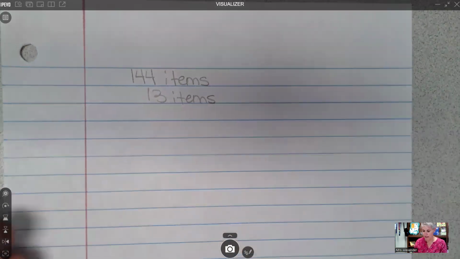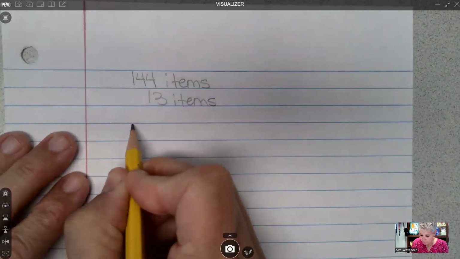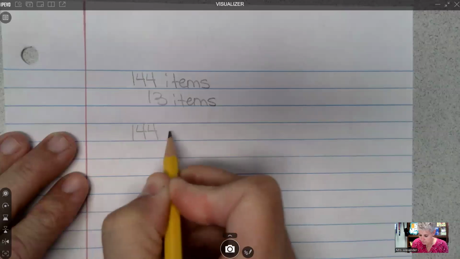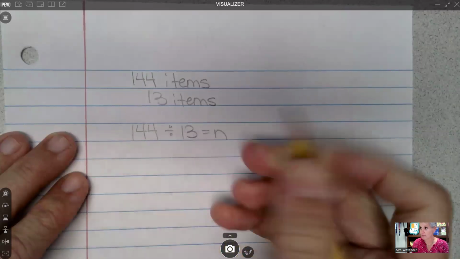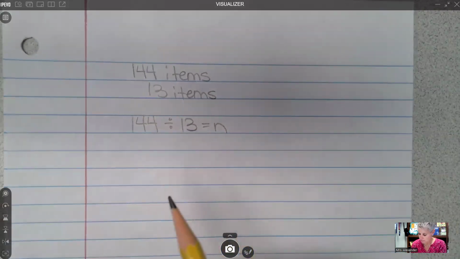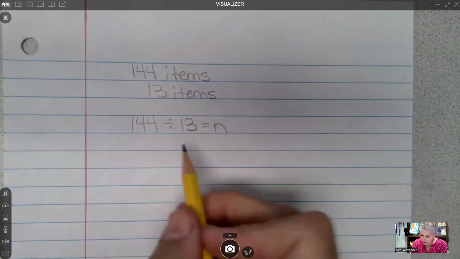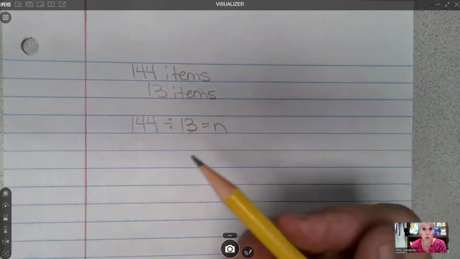So let's see what we have. Just like in class, let's start with our equation. I have 144 divided by 13 equals n. We talked in class for estimating a quotient that we can change the divisor, we could change the dividend. We might have to change both.